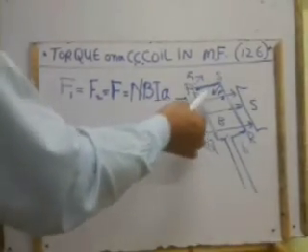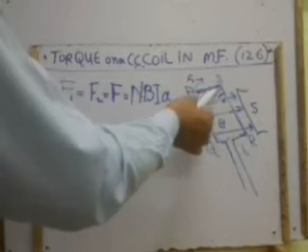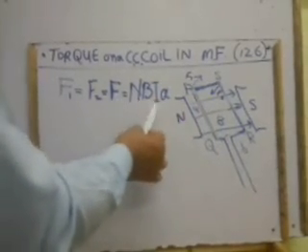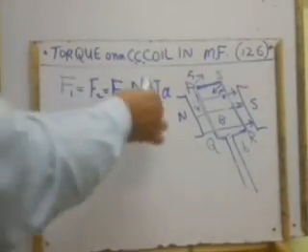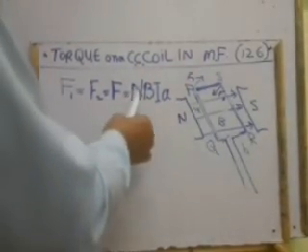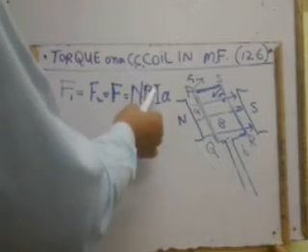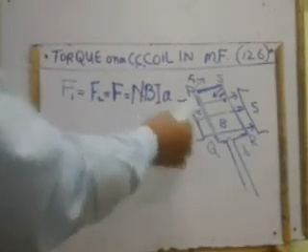F1 magnitude is equal to F2 magnitude, and combined they can be given the name F, and the magnitude, already calculated in the previous topics, is NBIA, where N is the number of turns of the coil, B is the magnetic field, I is the current, and A is the length of the wire.